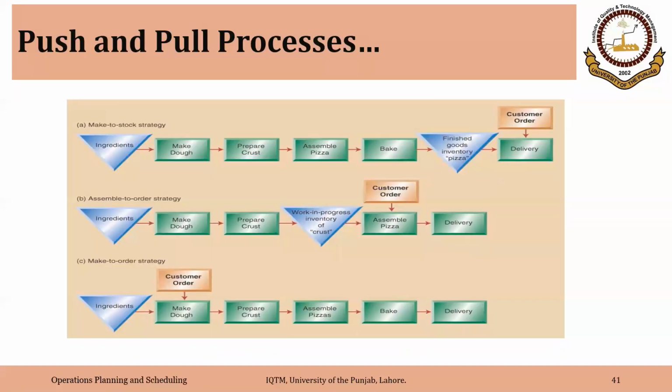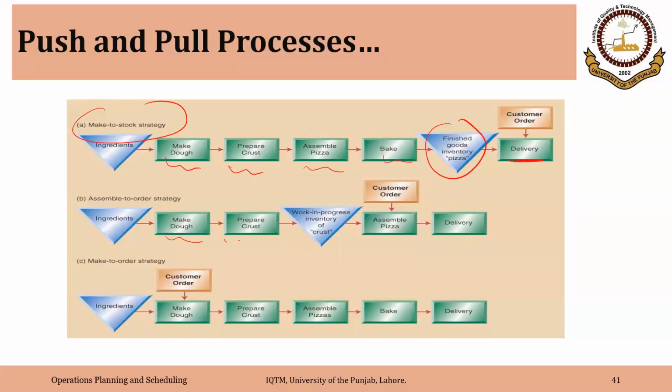And finally, this figure is showing the example of a restaurant. So if you just place the order and whatever you are purchasing is already made, it is already baked and is in the finished good inventory, and you place the order and get your food item, that is the example of make to stock.